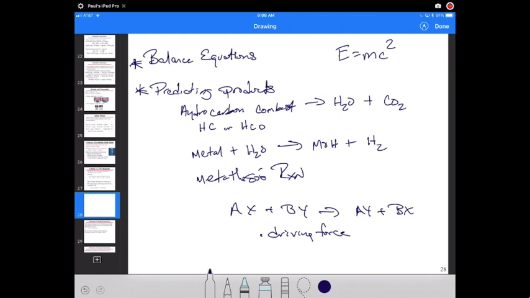That means one of these two has to be a solid or precipitate. Or I have to form a gas. Gases that you know: all the diatomic gases, oxygen, nitrogen, hydrogen, and CO2 is a gas. H2S was a really stinky gas that you're going to learn in lab.